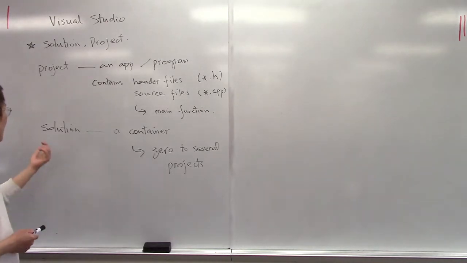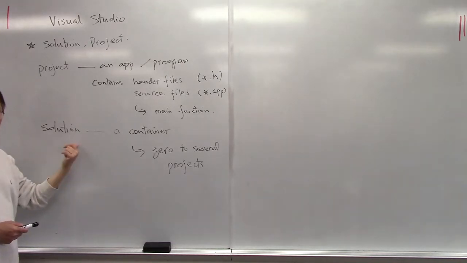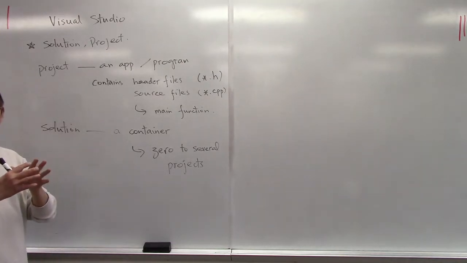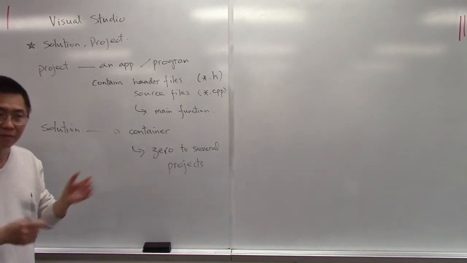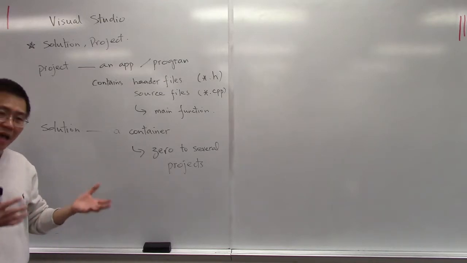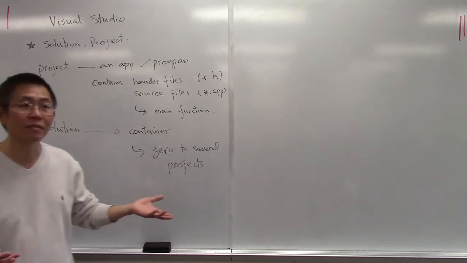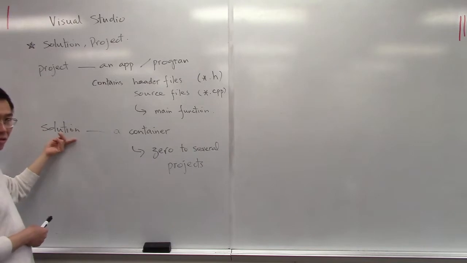So I will recommend you to use a descriptive name for your solution, which also will be used as the folder name. Let's say you call it my FEM 2015, something like that. That's a meaningful name. So that's for the solution name and also for the folder.